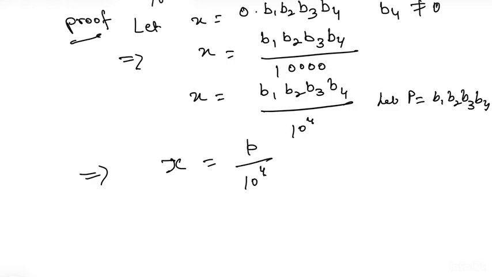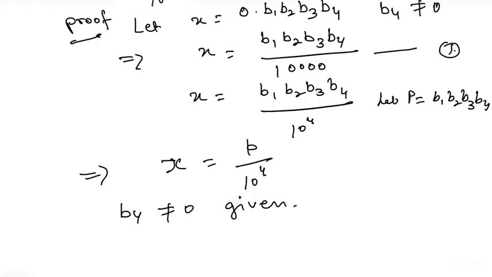देखिए now b4, b4 is not equal to 0 given, and we know that if any number is to be divisible by 10, it must have 0 in the end.